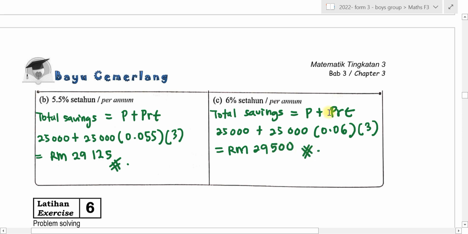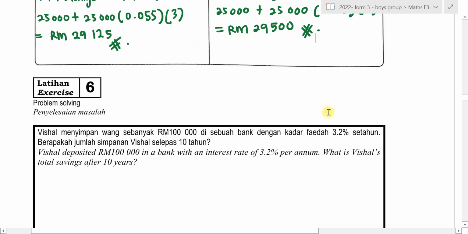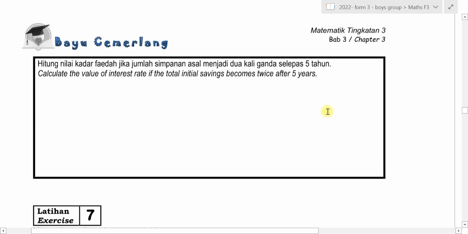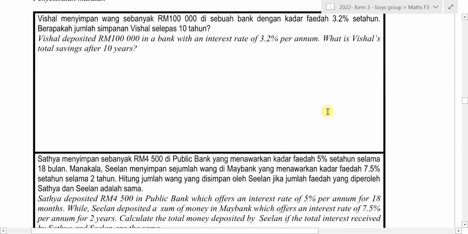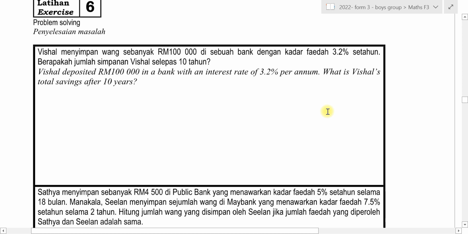Okay, now we go to problem solving. Vishal deposits 100,000 in a bank with an interest rate of 3.2% per annum. What is Vishal's total saving after 10 years? Normal question. Total saving.